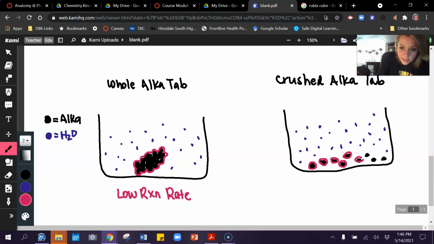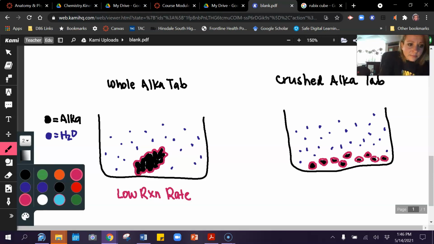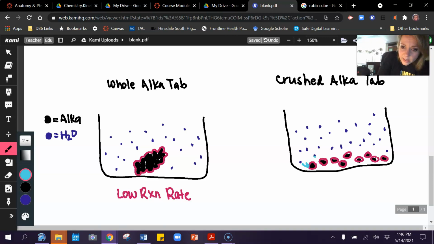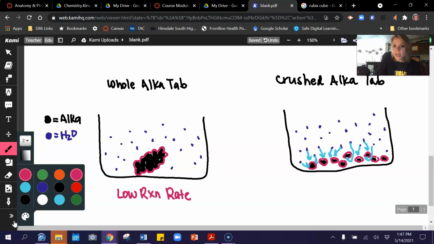Look at all of the surfaces that I have for the water to really get in there in a lot of different places and collide with the Alka-Seltzer. So the water can go in between all of these little pieces. And that's why the reaction rate is faster with the crushed Alka-Seltzer tablet, because we have more surfaces upon which there can be a collision and thus a reaction. So there's more surface for a collision and a reaction to occur.